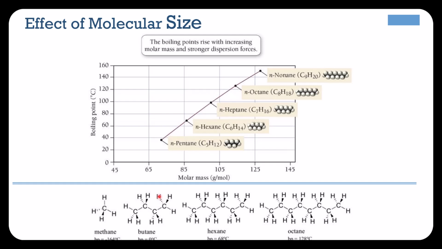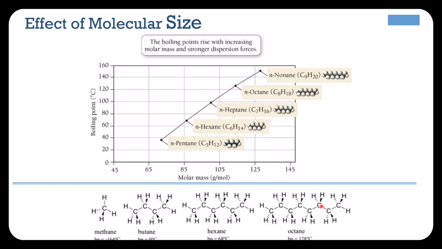And then surrounding those carbons, we'll have, of course, a series of hydrogens to fill in the places. Then we go to hexane. Now we've got 1, 2, 3, 4, 5, 6 carbons, and then all of the hydrogens. And then we go to octane, which is 8 carbons and all of the hydrogens.